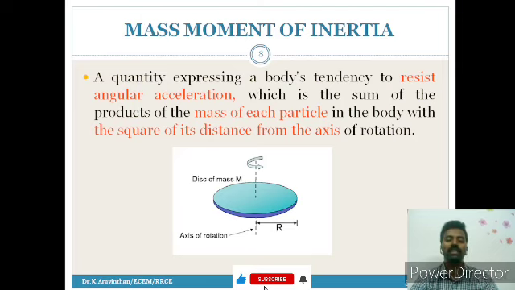Both have their own areas of application. And moment of inertia is generally the tendency to resist angular acceleration. If I try to twist, so this is a twisting force. If I want to twist the disk, I have to apply some force, a twisting force, to rotate this. The disk will not automatically rotate.